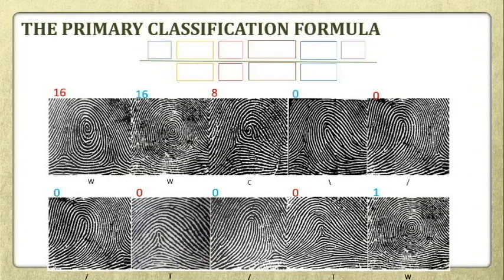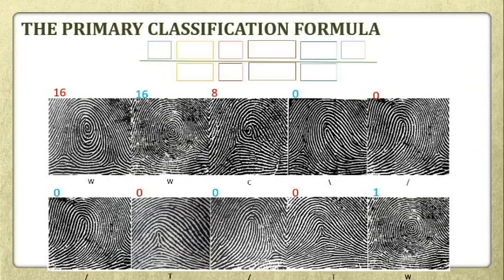Again, as you can see in the primary classification, the type of whorl pattern is not the basis for the numerical value given to it. The numerical value is based on the position of the fingerprint with the whorl type of pattern. As you can see, finger number 2 and finger number 10 are the same.